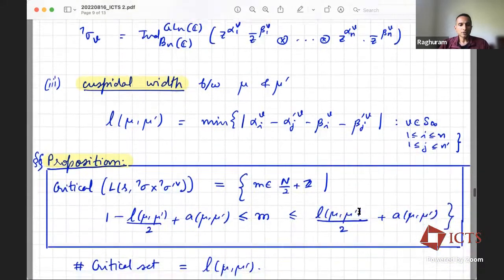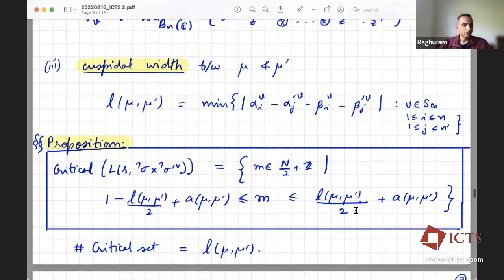And the proposition is that the critical set, the set of half integers where the gamma factors on either side of the functional equation are finite, is the string of points between 1 minus L by 2 plus A and L by 2 plus A, L being the cuspidal width L(mu, mu prime) and A being the abelian width A(mu, mu prime).